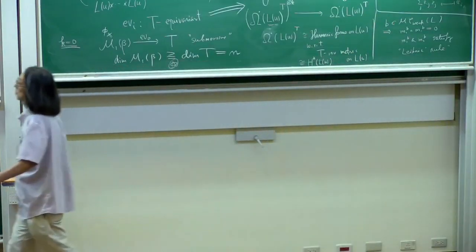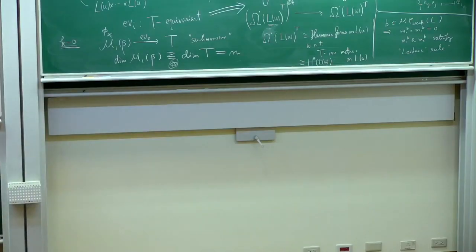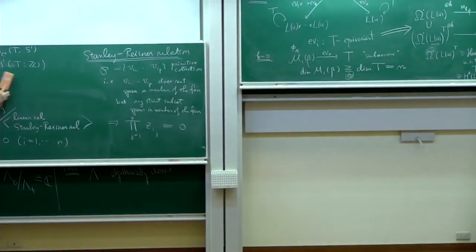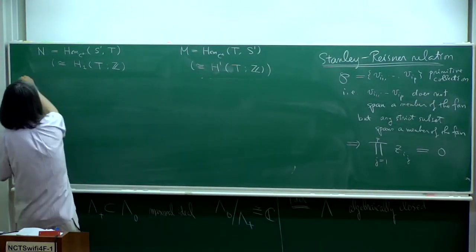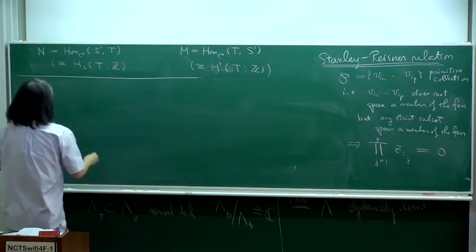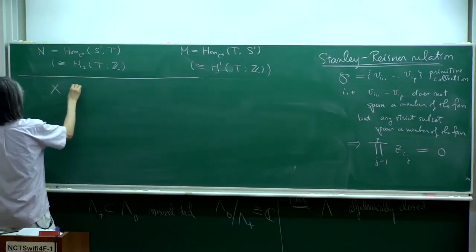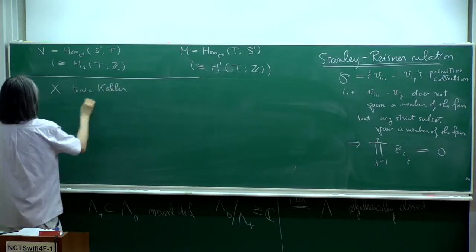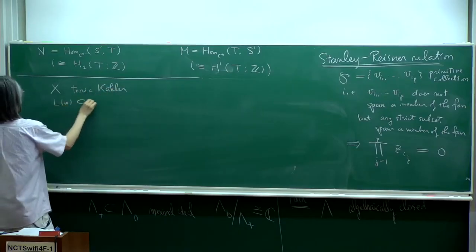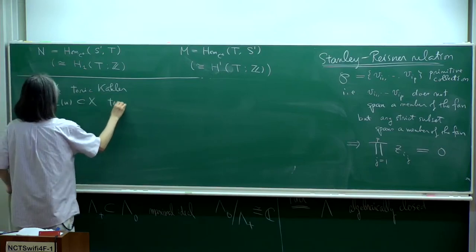So maybe I just erase this. I wanted to keep it, but so in this case, X is a toric Kähler manifold, and Lu is a torus fiber.